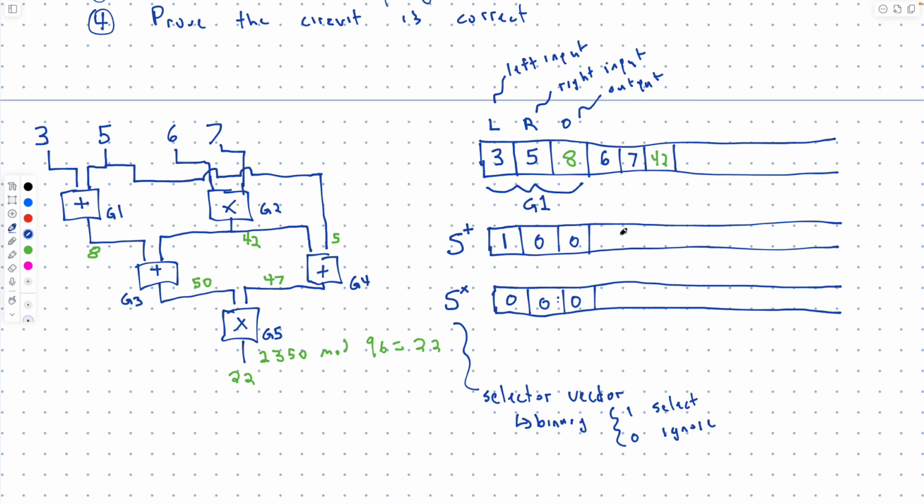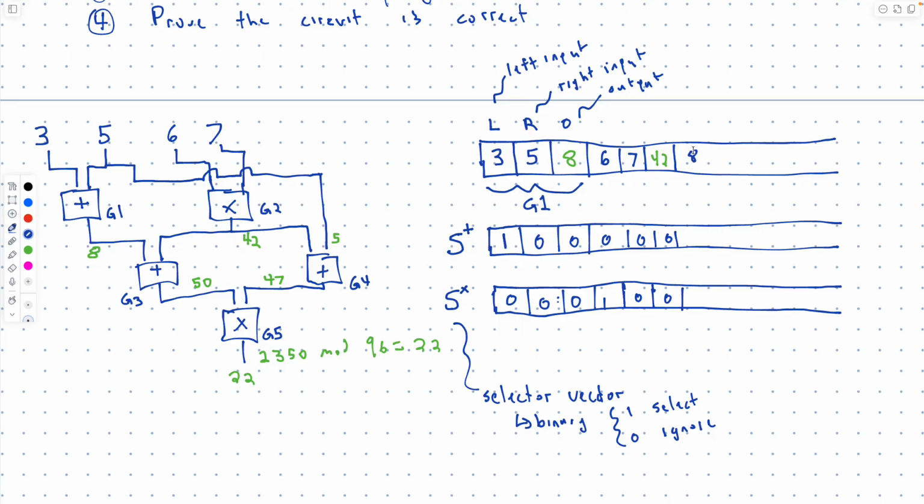Gate 2 is a multiplication gate, so I'm going to put 0, 0, 0 in my addition selector, and I'm going to put 1, 0, 0 in my multiplication selector. Okay, so that means that gate 2 is multiplication. Okay, everyone gets this, right? Okay, so I'll just fill it in more quickly. I won't explain step by step.